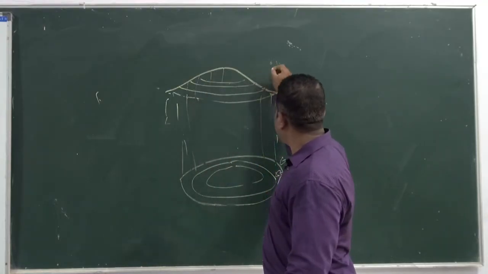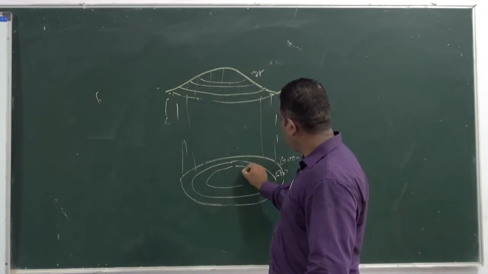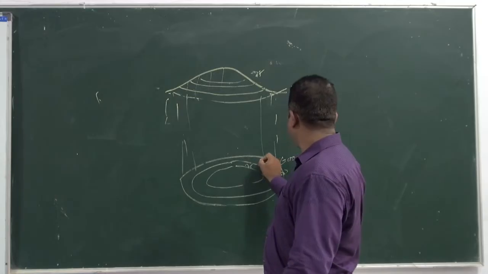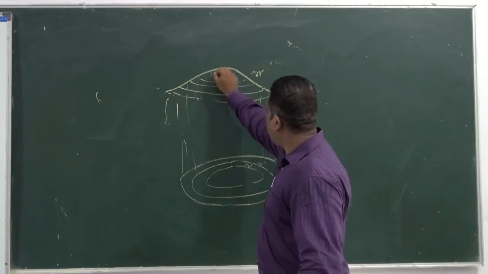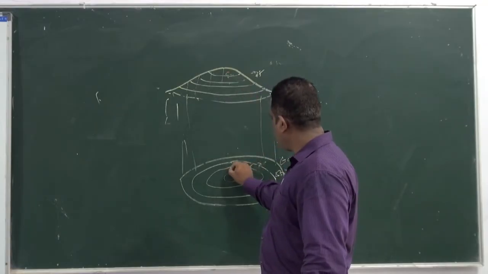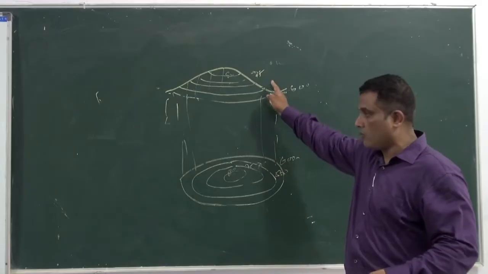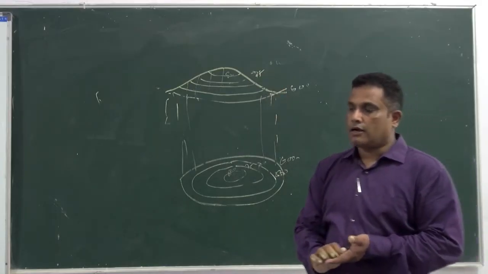And this is 750. Say here it is 800. So this is the contour map of this hill. This is how you find the contour maps.